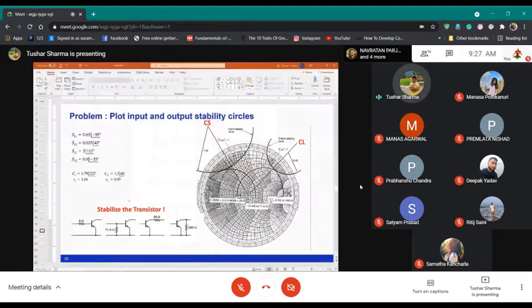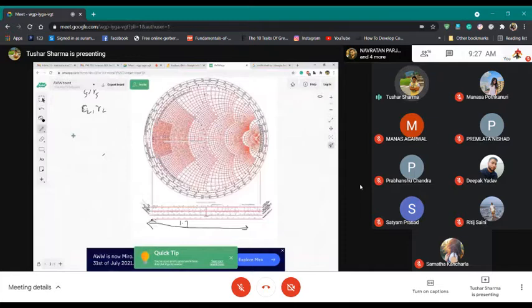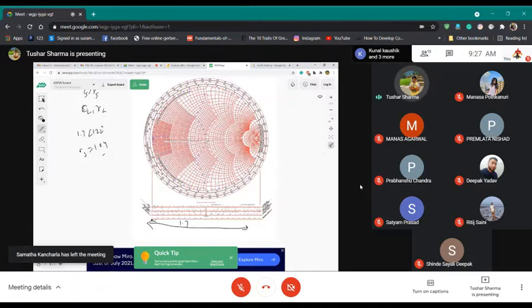And what was it? 1.7 angle 122. And RS is 1.04. So what I will do is, from the center, I will put this compass, measure this distance, and all the way I will go at an angle of 122.